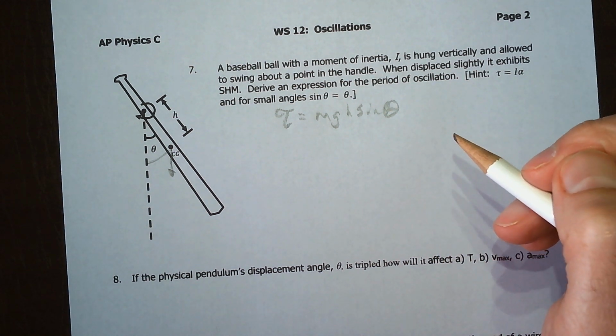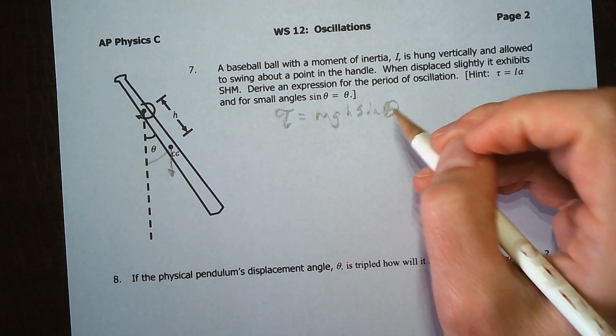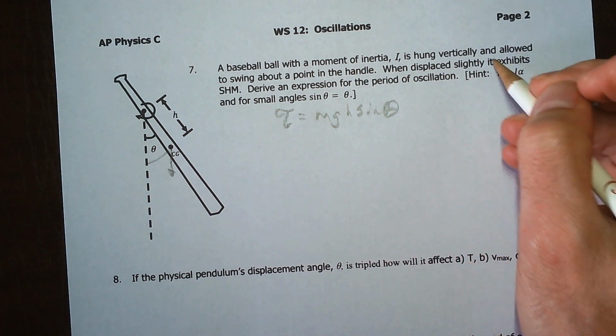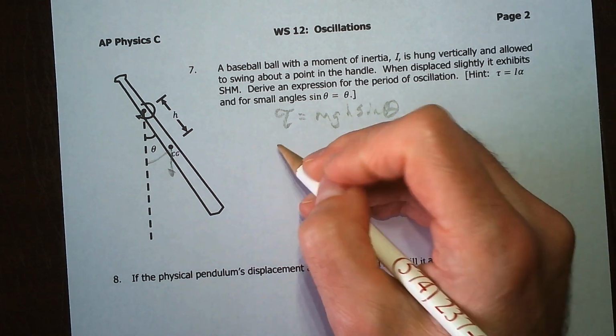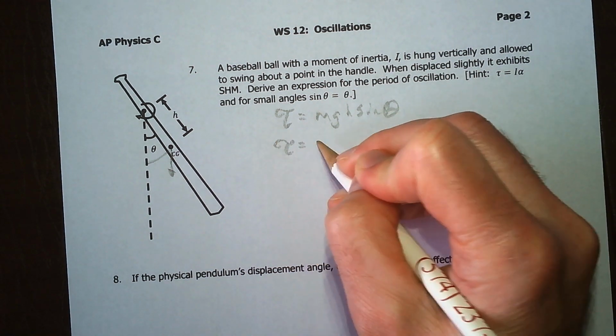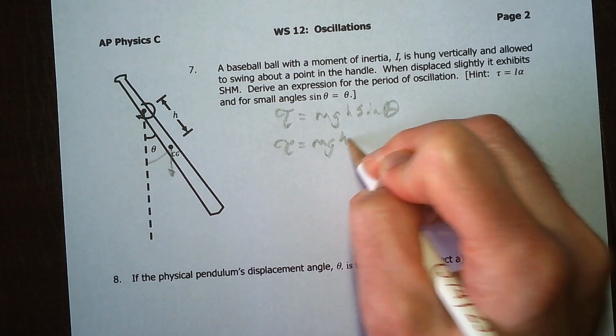And if we're assuming these are small angles because it says slightly, sine of theta is approximately the same thing as theta. So torque equals mgh theta.